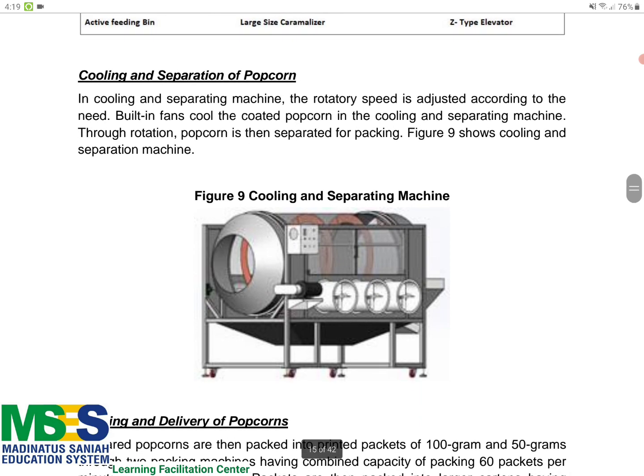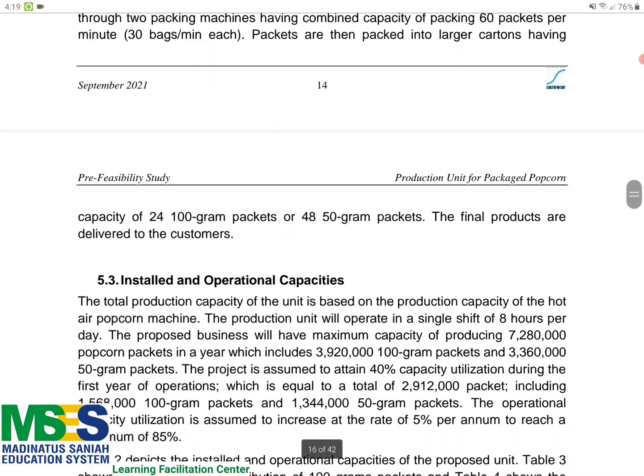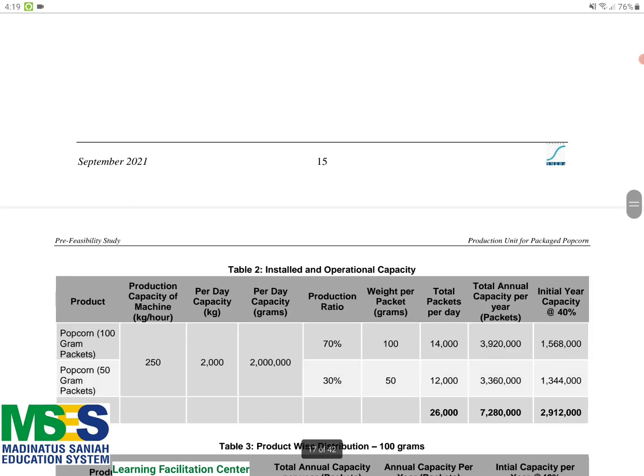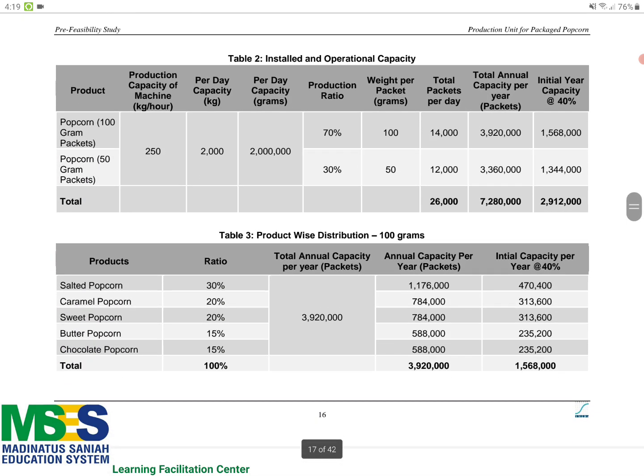Okay, installed and operational capacity. We already discussed how many popcorns we are going to make, and in the table that comes forward, you could read the figures.